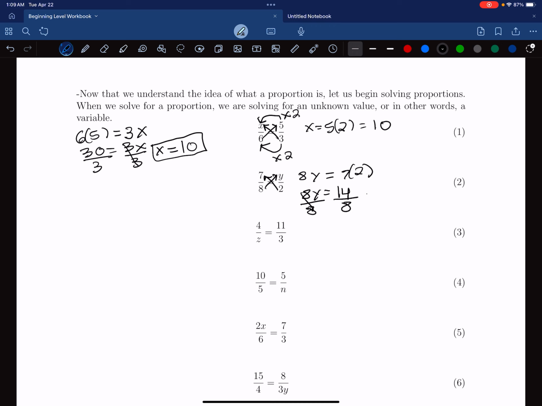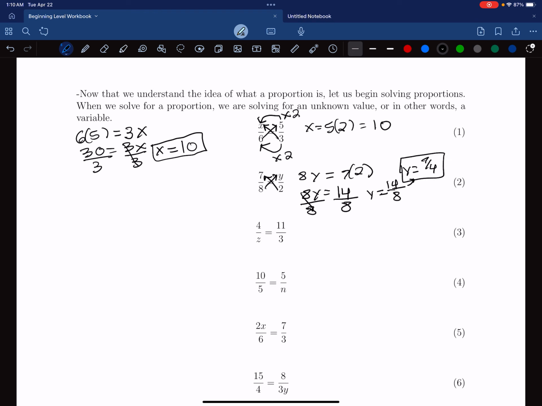So then we're going to get y equals 14 over 8. And then since 14 and 8 are both even numbers, I'm going to divide by the common factor of 2. So you're going to get, as your final answer, y equals 7/4.